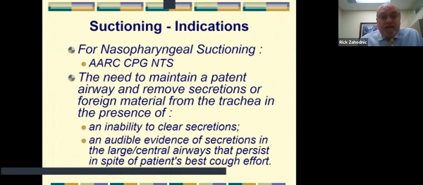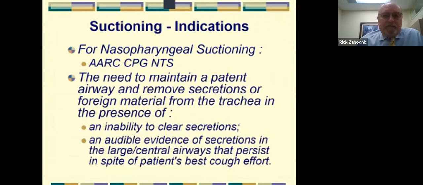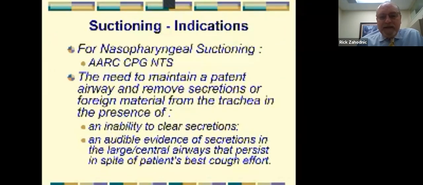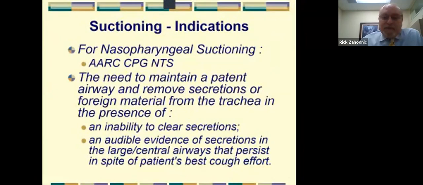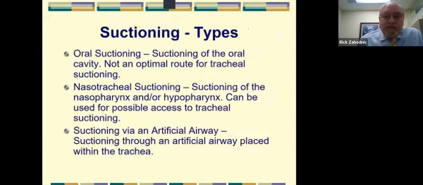There is a clinical practice guideline for nasopharyngeal suctioning, and basically it's the need to maintain a patent airway and remove secretions from the trachea when a patient is not able to clear secretions, or despite their best effort, they're still not being able to mobilize them. We can talk about suctioning of the oral cavity.